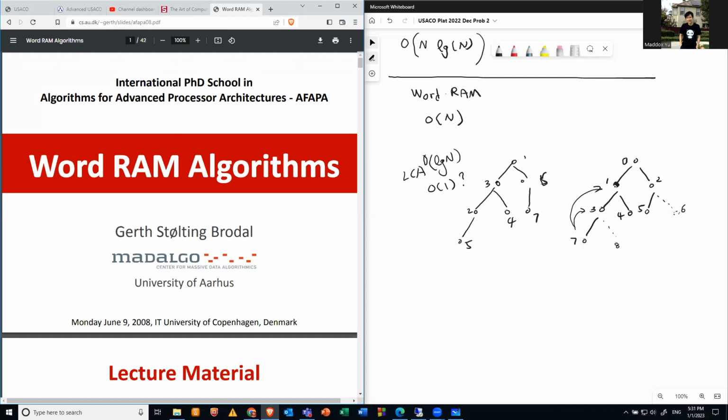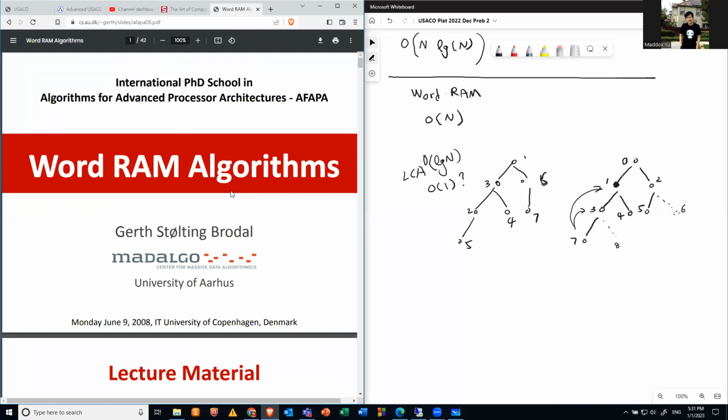Obviously their LCA is layer 1, right? So this and this, their LCA is layer 1. So this and this, they have an offset, so it's layer 0. That's one of the hints of how the word RAM algorithm works.